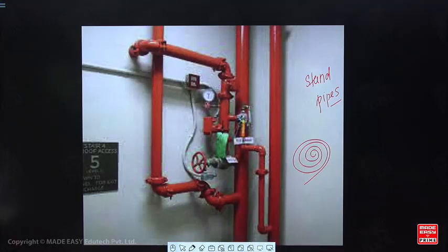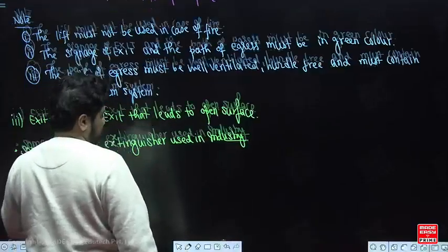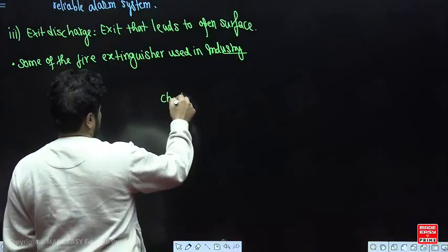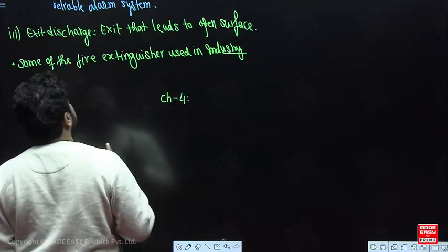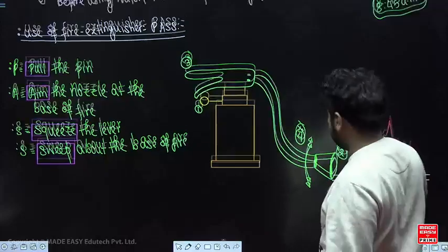Fine. Now coming to the last topic, that is safety in industries. Safety in industries. Clear till here? So chapter number 4 or 5, 4, 1, 2, I think it was.